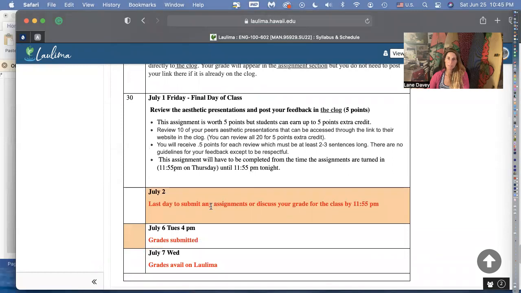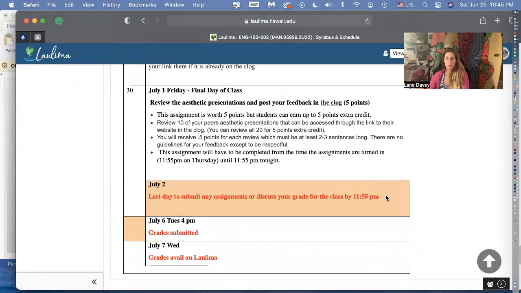July 2nd, the last day to submit any assignments at 11:55 p.m. I can't extend that because I have to submit the grades by Tuesday, and I'm already teaching another class the very next week. So you need 3 things turned in to pass this class: the personal website, the research paper, and the op-ed.